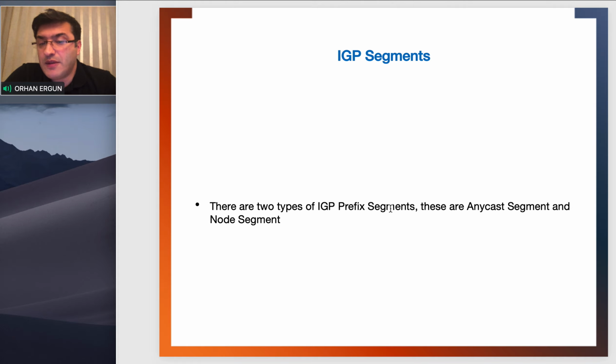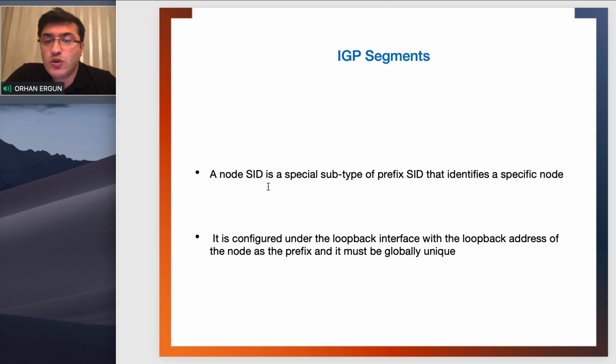There are two types of IGP prefix segments, either Anycast segment or node segment. So a node SID is a special subtype of prefix SID that identifies a specific, individual node. What I am saying is, either an individual node, or with Anycast, all the nodes.